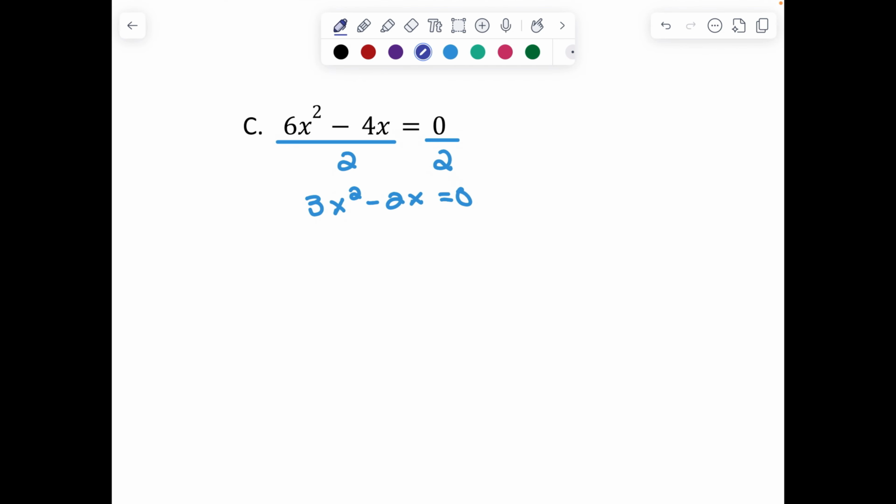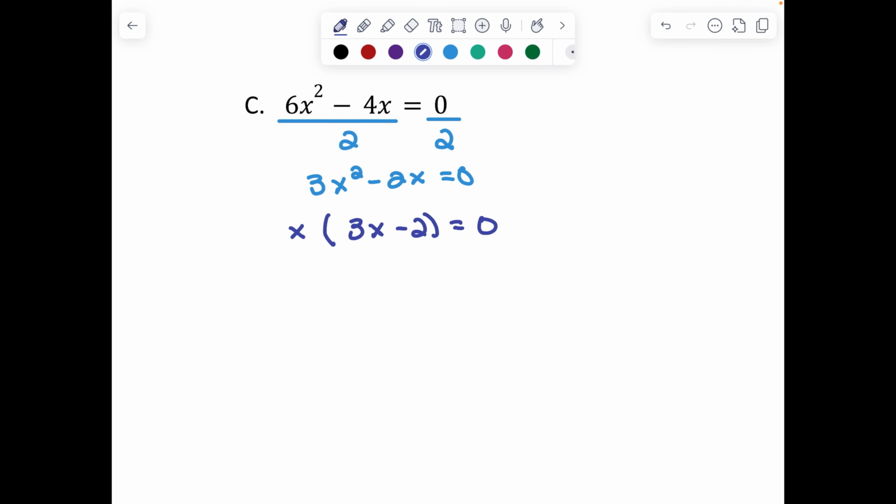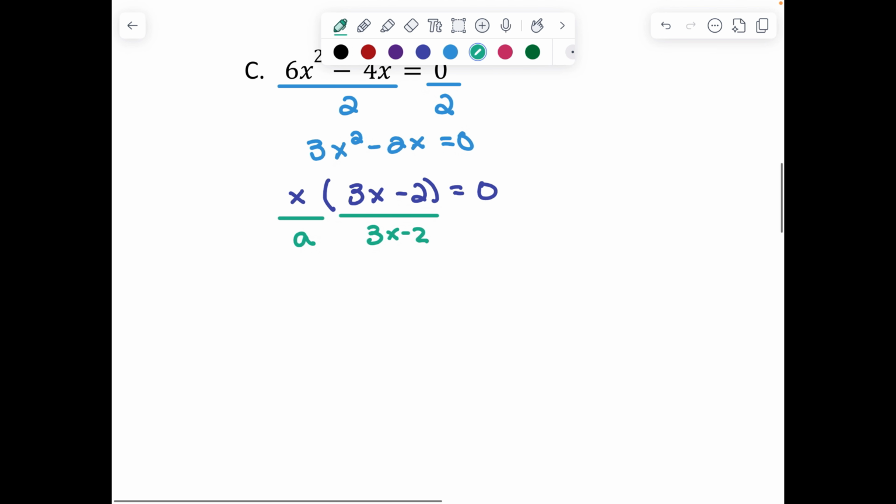I see a greatest common factor of x, times 3x minus 2 is equal to 0. When we're looking at this, x is our A, so just because there's no parentheses around it does not mean it's not one of our factors. 3x minus 2 is our B. So I'm going to go ahead and say x is equal to 0, or 3x minus 2 is equal to 0.